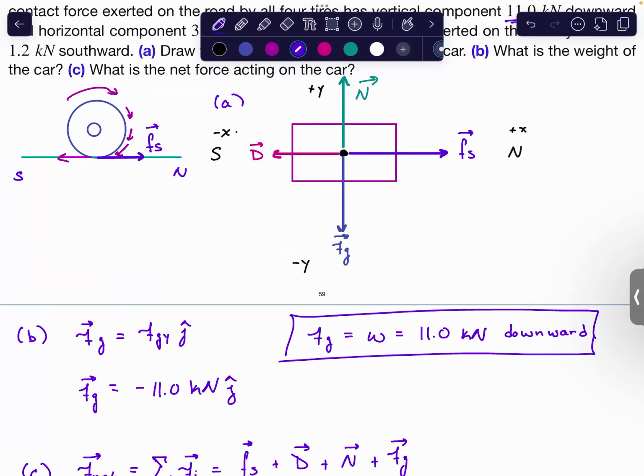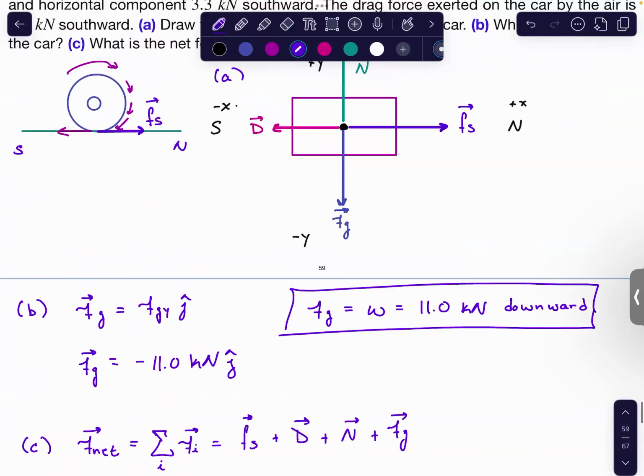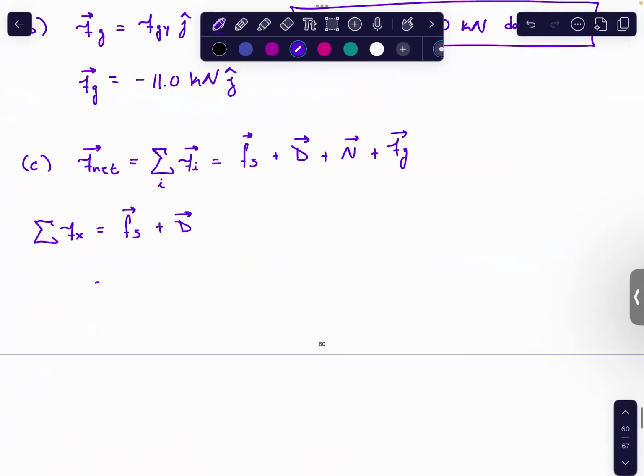So we really set our directions like we would on a Cartesian coordinate system. So that means the frictional force is going to be a positive i hat minus the drag force i hat. So it's going to be F minus S.